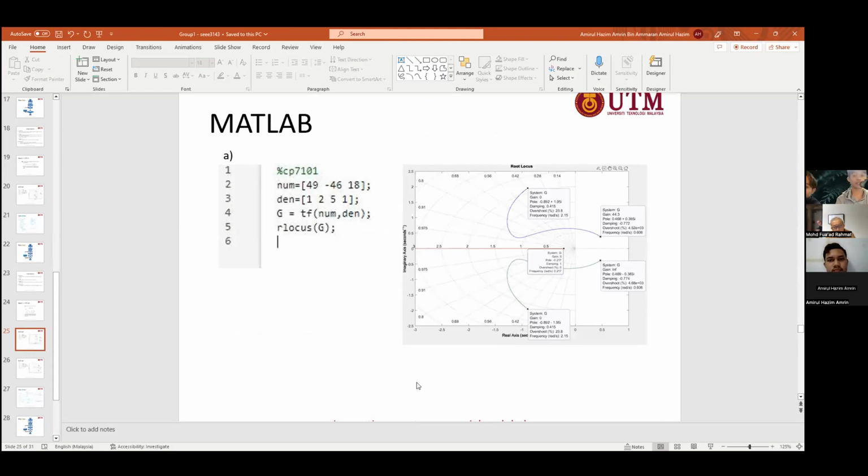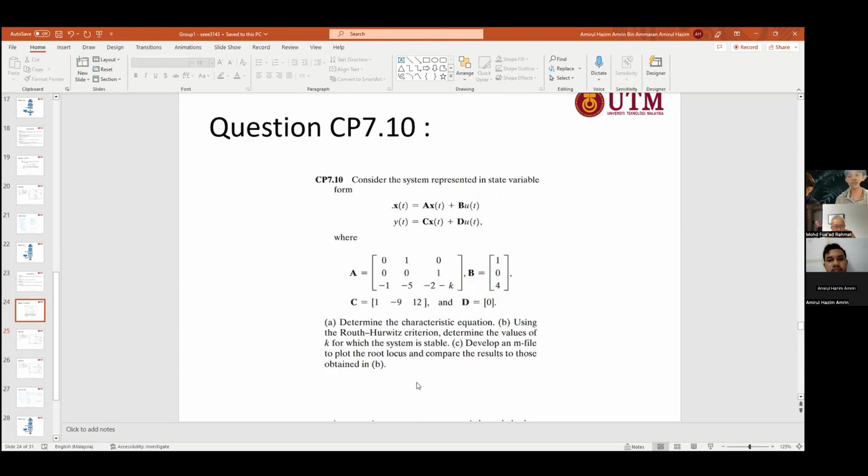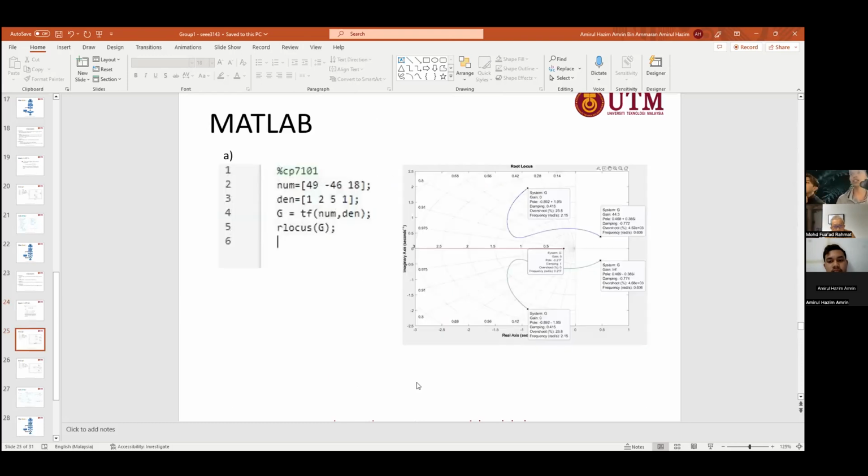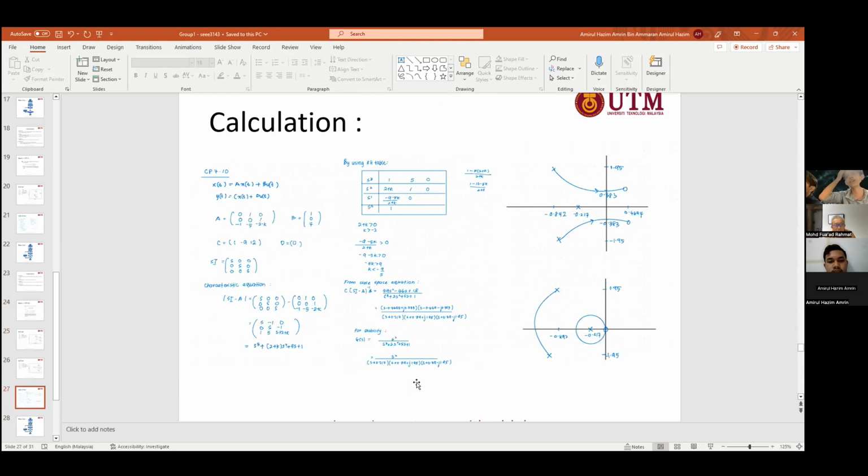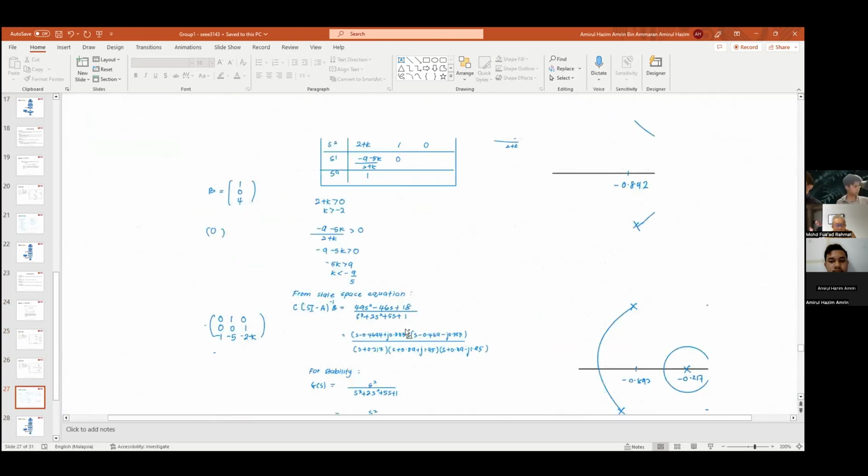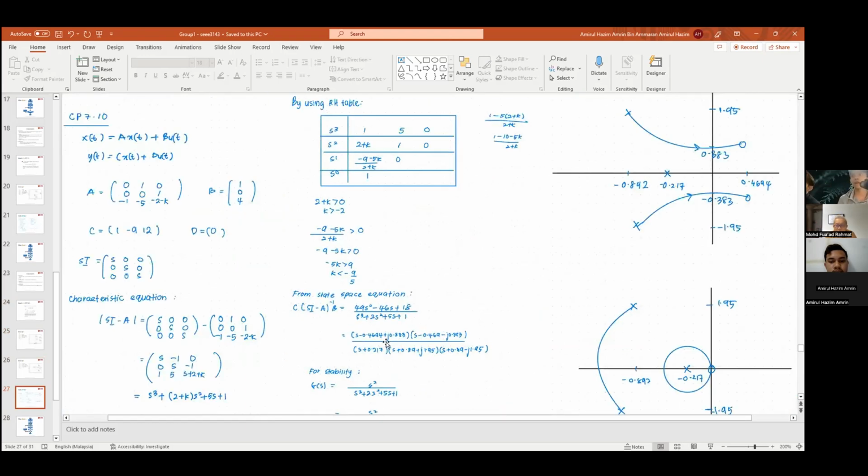Macam mana dapat 6 dengan Dan tu? From the XT, from the metric. Tengok mana metriknya. Dekat calculation. Oh, from the calculation. Oh, okay. Conversion. Pakai conversion.